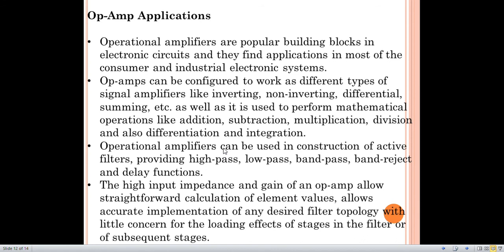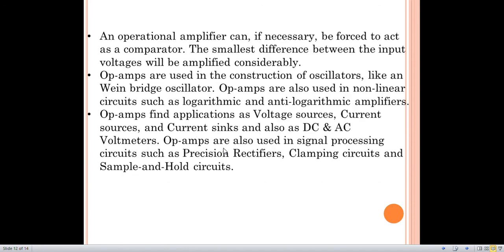Op-amps are used for the construction of filters, providing high pass, low pass, band reject and delay functions. Operational amplifier has a great advantage. It can be used as a comparator.